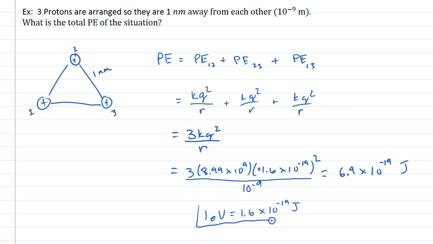And so this is just kind of equating, compared to an electron, how much energy is this? So if we divide this out, the electron volts we get is about 4.32 electron volts. So some problems may ask you for both units.